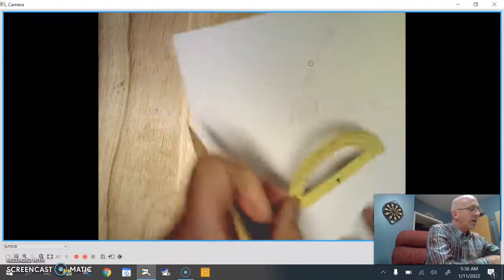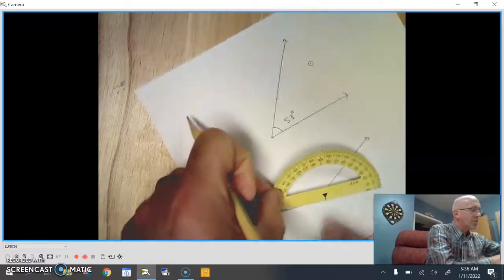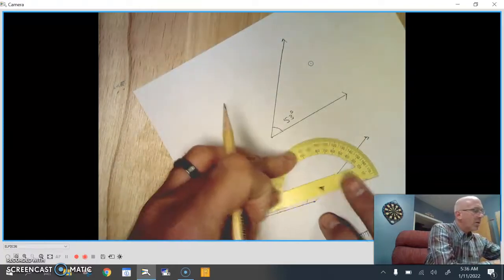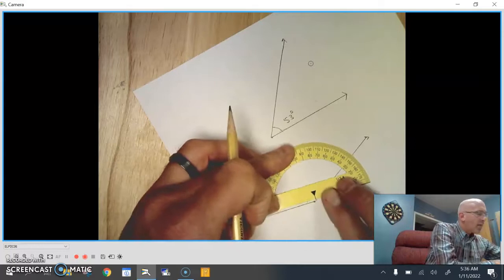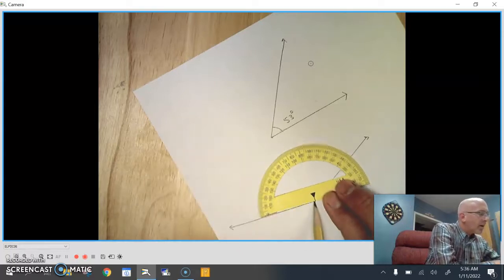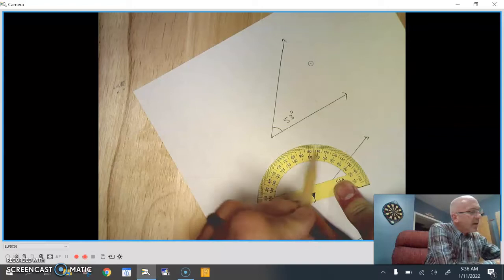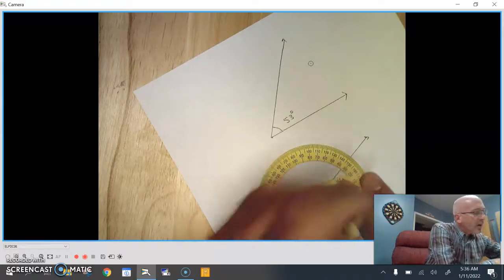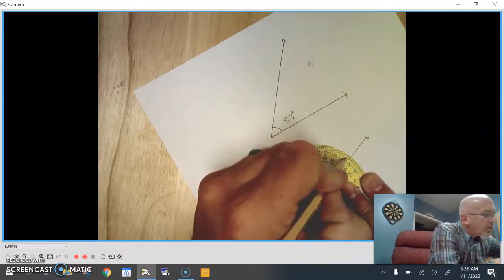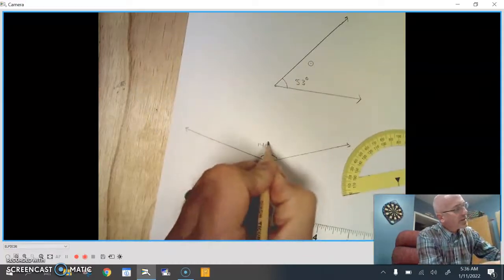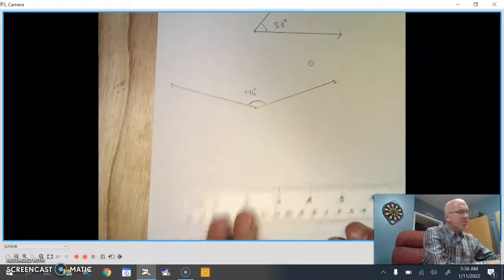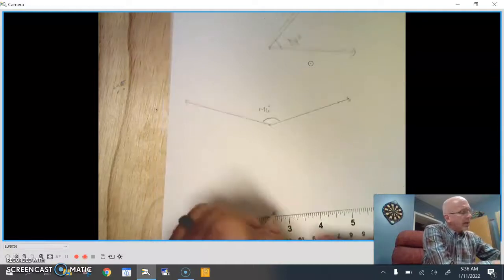So I am going to line up my middle point right on this vertex, line up this angle, and then I'm going to read this here: 10, 20, 30, 40, 50, 70, 100, 110, 120, 130, 140, and it goes 1, 2, 3, 4, 5, 6, 146 degrees.